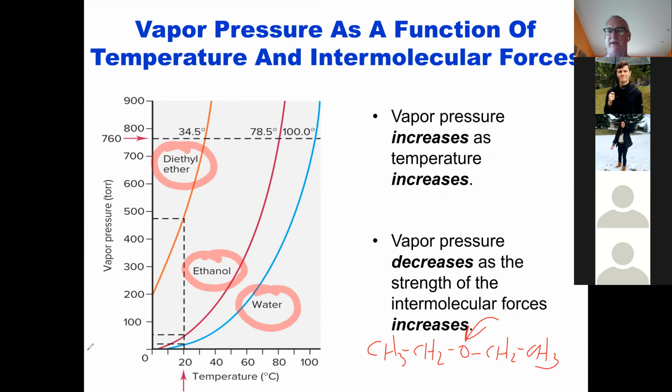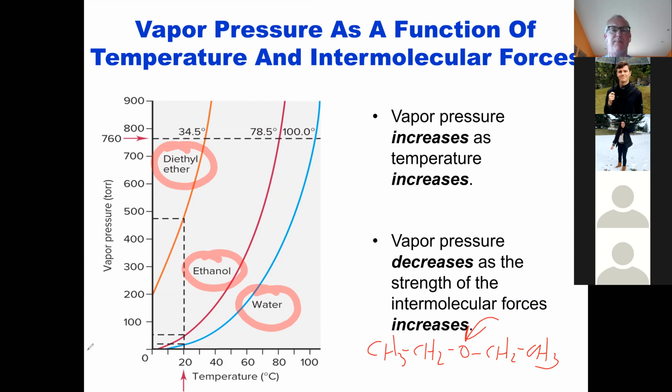What shape would this be around the central oxygen? Is this going to be a linear molecule? Linear or bent?